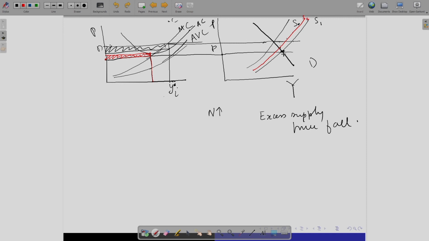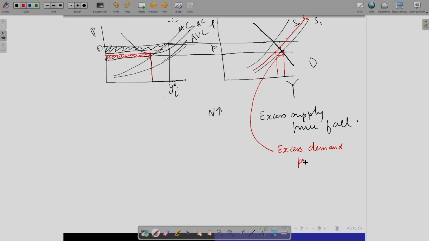Now, this was the equilibrium when the supply curve was S1. Now, the supply curve has shifted leftward like this. So, this much amount is the excess demand.